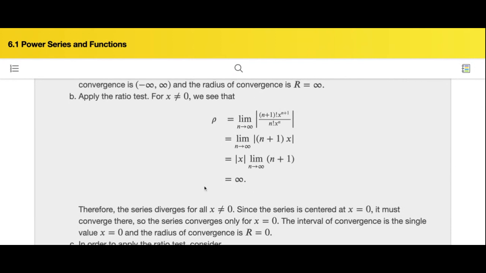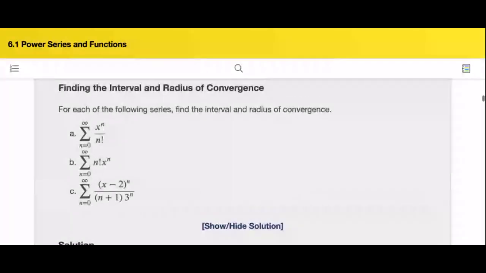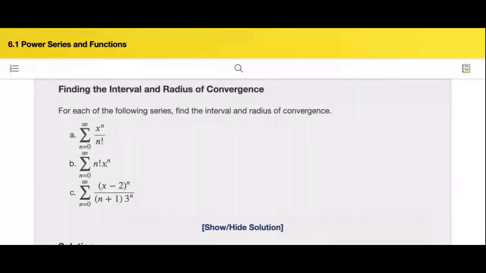Because 0 is the center of convergence for this, because it's x minus a raised to n. Here we only have x raised to n. That means a equals 0. So this series does converge when x equals 0. When x equals 0, the whole series equals 0 factorial, which is 1.